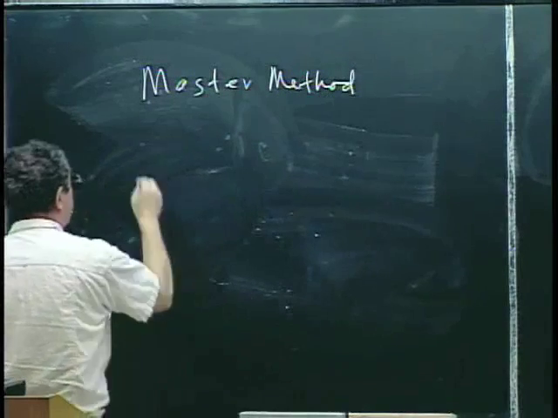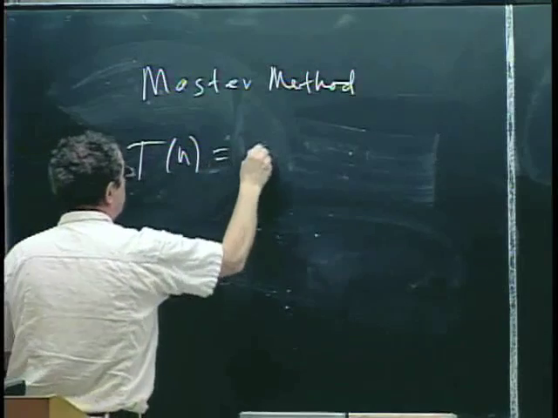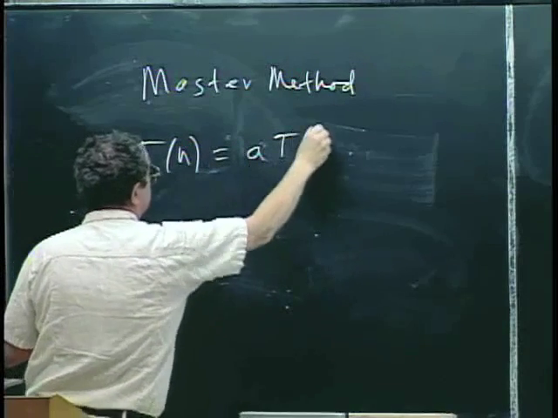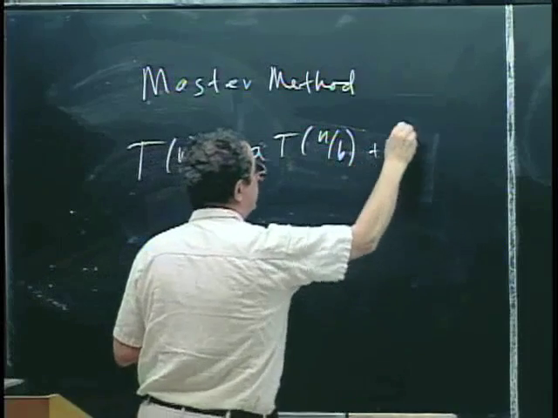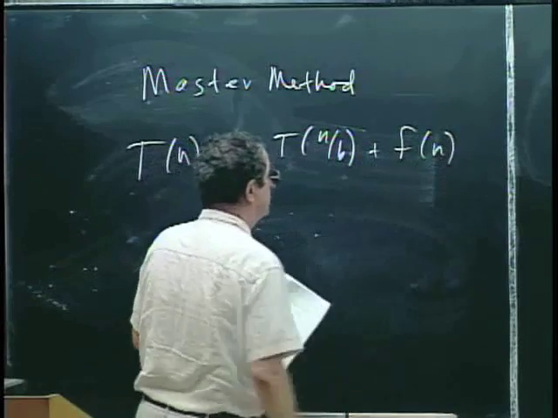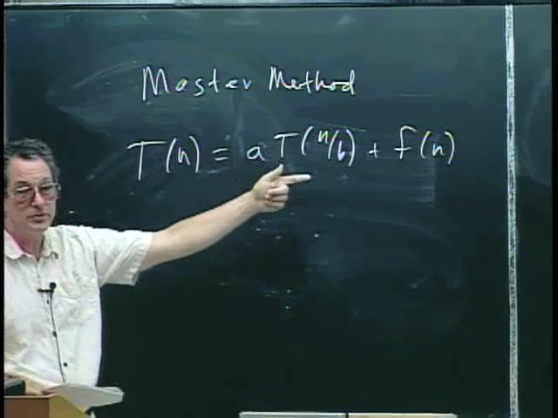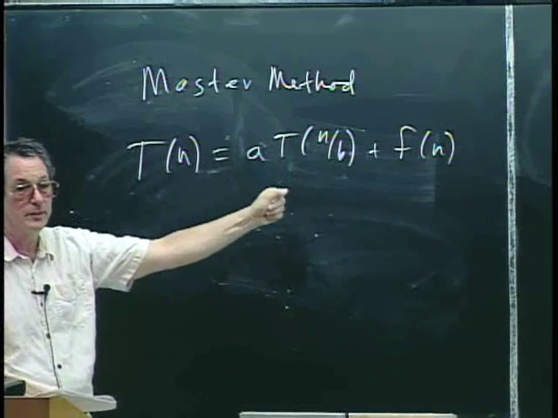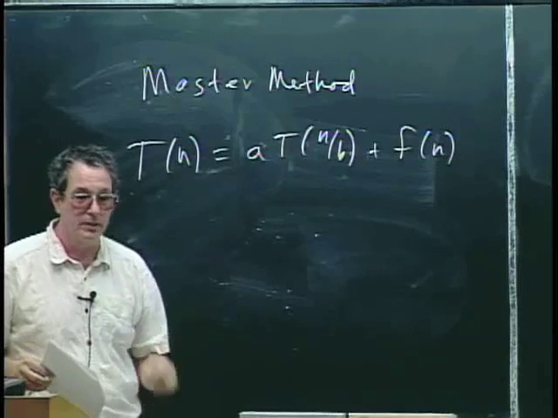And it tells you how to solve T of n equals A T of n over B plus some function of n, depending on what A and B are and what the function of n is. Okay? So I'm not going to write it out. It's in the notes on the website.